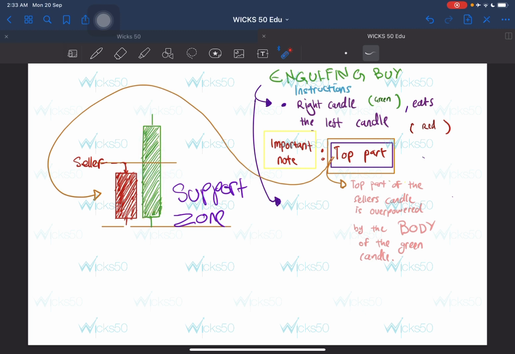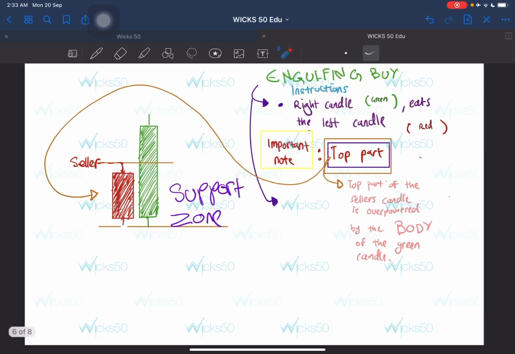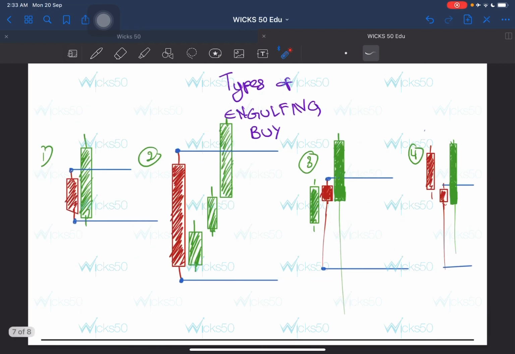It's very simple, but such a powerful technique that I have used. It's just that I have created a structural pattern using engulfing. But this is the basics first. So these are a few references to the types of engulfing buy, because you will see that in the charts a lot of shapes could show themselves. So this is the most basic pattern.